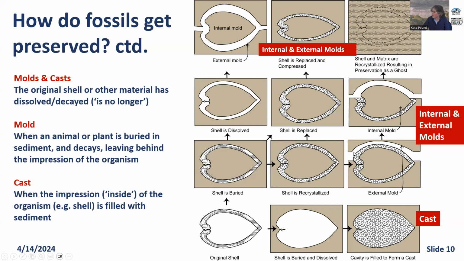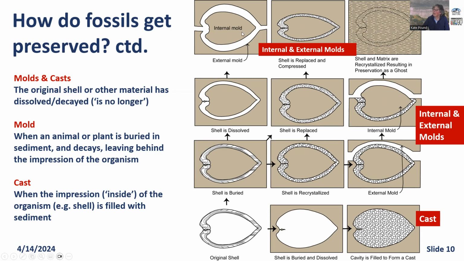Now, what then happens is if we end up looking at the sediment that collected outside that shell, we're looking at an external mold. It's the shape of the outside of the fossil. On the other hand, if we end up looking at the shape of the inside of the fossil that is preserved in the sediment, that is an internal mold.